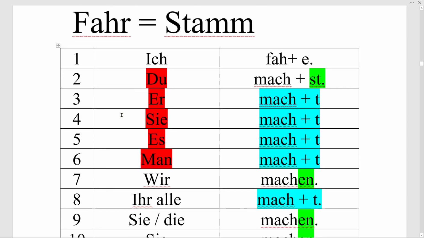So, ich fahre. The same thing we do: ich fahre. This is like a re. If you don't know how to pronounce this R, which is a re in German, you can put some water in your mouth and gargle. God forbid, you might have a sore throat.